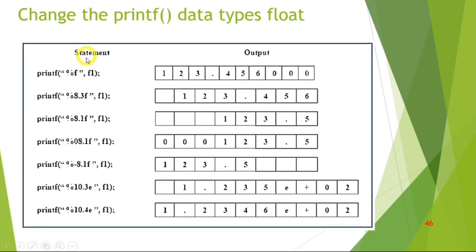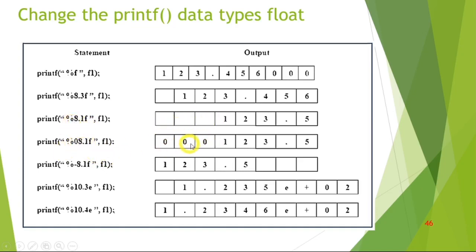Now here is some example given, say %f, simply it is giving you the output, and then say %8.3f, so only 3 decimal numbers will come. Okay, then %8.1f, so it leaves a few spaces, so only one number has come. Okay, floating point, here it is left the space actually because of 8.